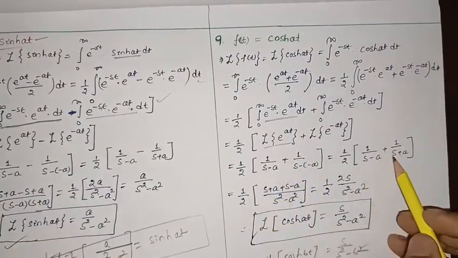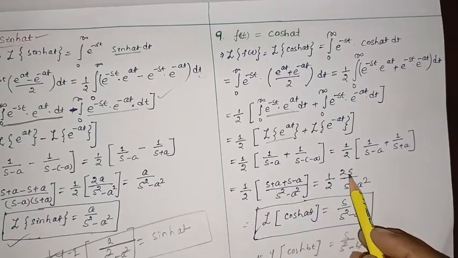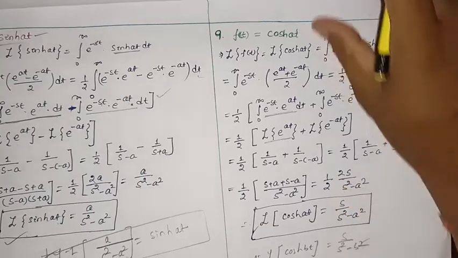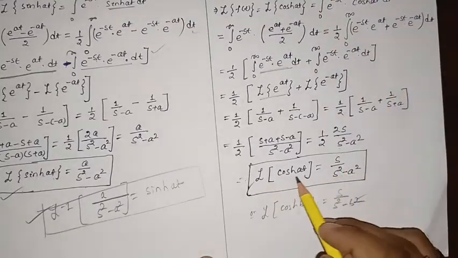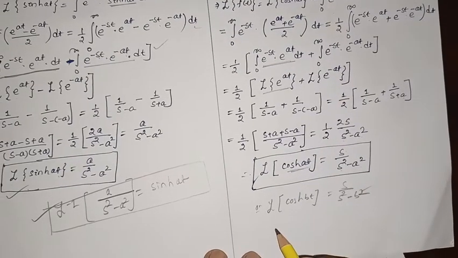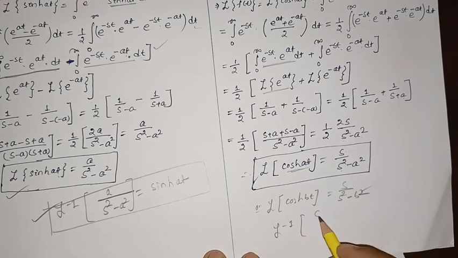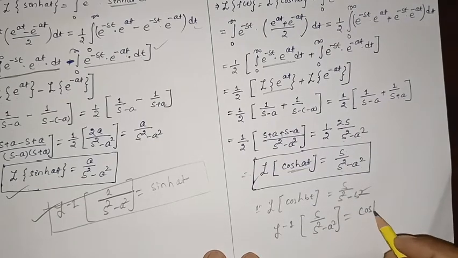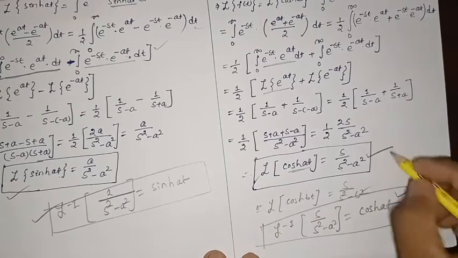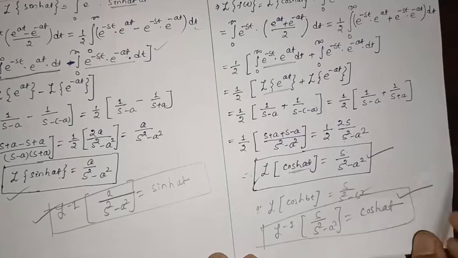So if I add, then the numerator will be 2s and the denominator obviously s square minus a square. So 2 got cancelled and we found Laplace transform of cosh at equal to s by s square minus a square. Okay. So inverse Laplace transform of s by s square minus a square will be equal to cosh at. You have to remember, just mug up these two from your exam point of view.